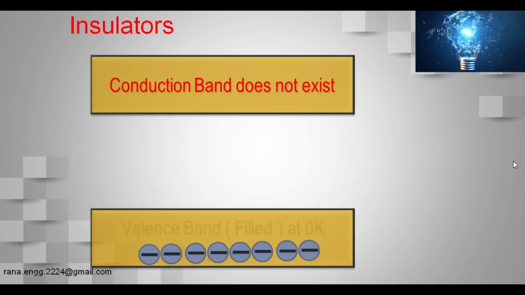Now let us classify materials based on these bands. So, we have insulators. Insulators do not conduct. Why do they not conduct? Let us discuss the reason. We have electrons in the valence band; whether it is an insulator, semiconductor or conductor, all of them have electrons, because everything is made up of atoms.